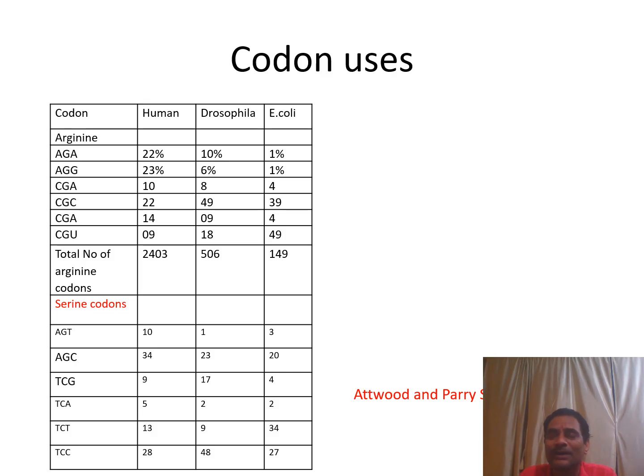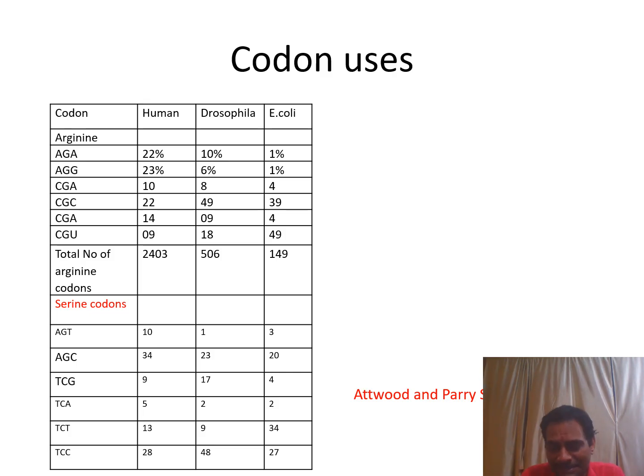But since E. coli doesn't prefer it, its genome doesn't have that much AGA codon for arginine, so the tRNA which decodes this AGA codon is also fewer in number. That tRNA is called a rare tRNA, and this codon is called a rare codon, because E. coli is not preferring it.